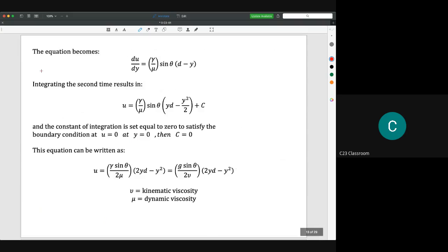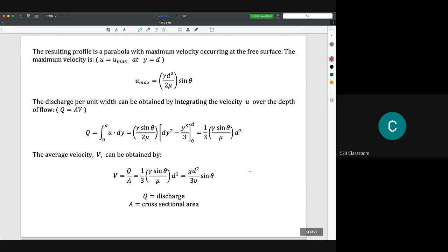So we substitute the value of this one. Okay, now not the value of u max, because u max only occurs at y equal to d. So we substitute this one, and then we integrate it with respect to dy. We substitute the limits, and finally we get this. So this is the total flow rate.